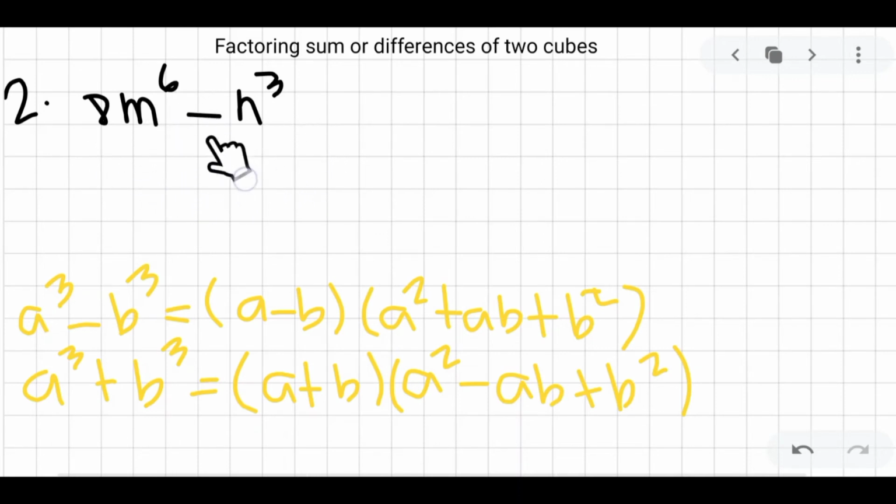The second term is negative n raised to 3. So we have two terms. All exponents of the variables, the literal coefficients, must be multiples of 3, or they must be divisible by 3. 8 is also a perfect cube. So now we can solve it using factoring sum and difference of two cubes.